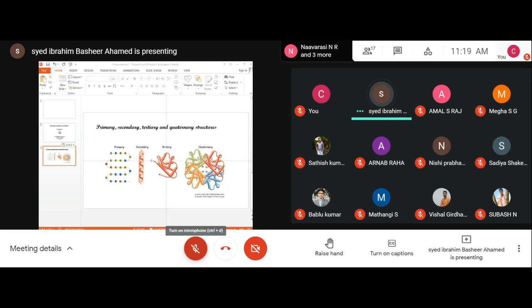From the center of gravity, the hydrophobicity will keep on decreasing when you go outside, or from the center of gravity, when you go outside, the hydrophilicity will keep on increasing. So this is the overall image for almost all proteins.